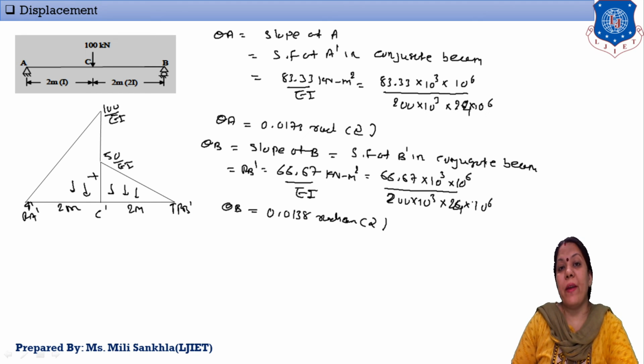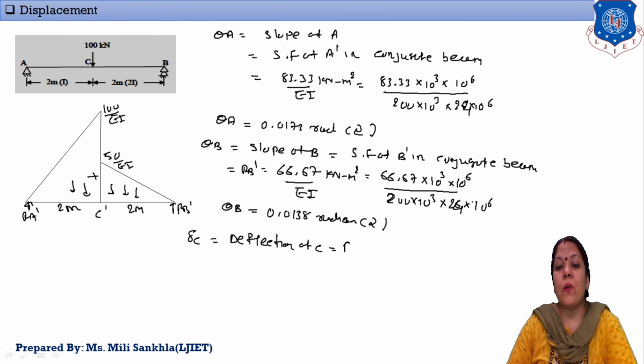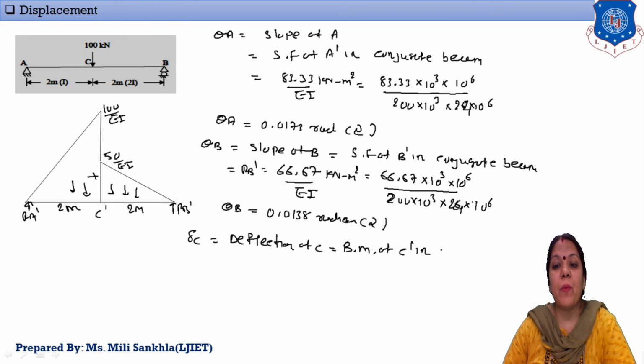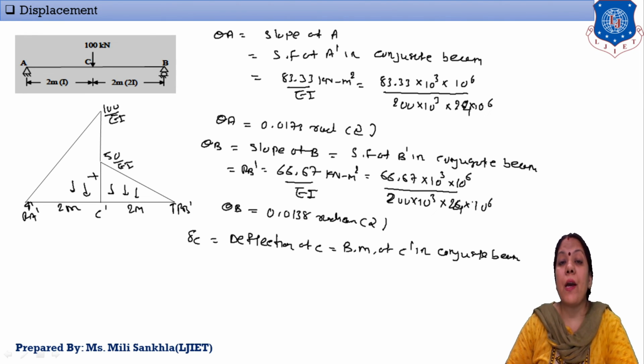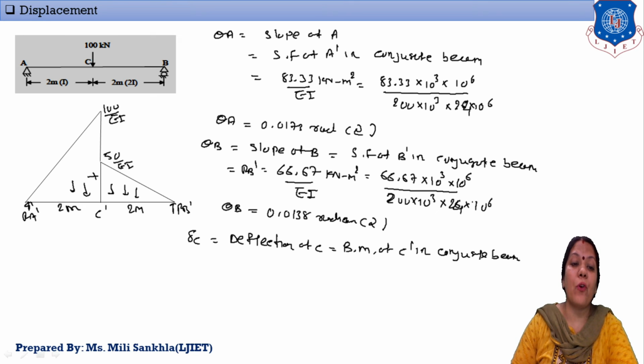Now we find out del C. So mention here del C is equal to deflection at C. Del C is equal to deflection at C, that is equal to bending moment at C dash in the conjugate beam. Now here I find out this del C from the left hand side.